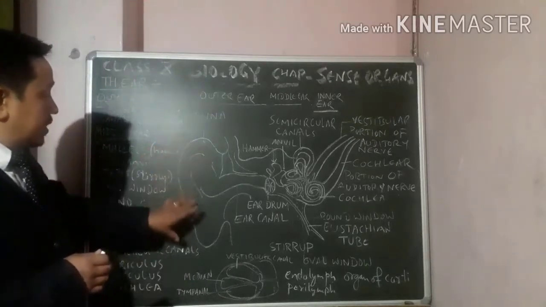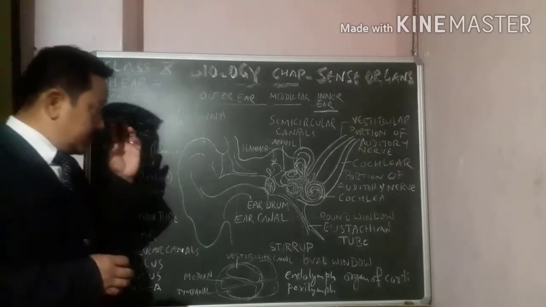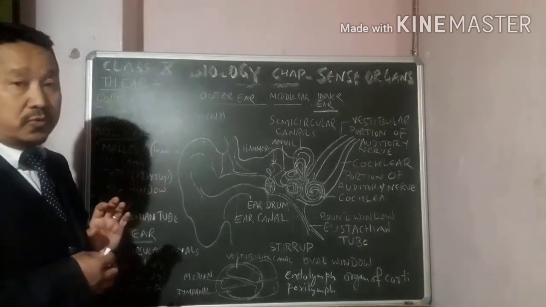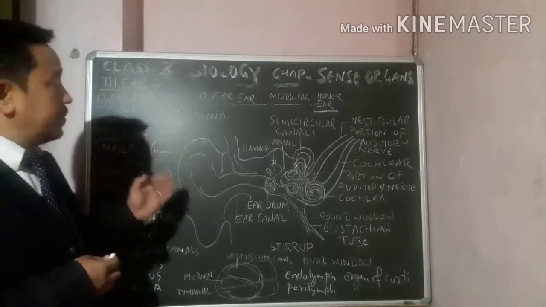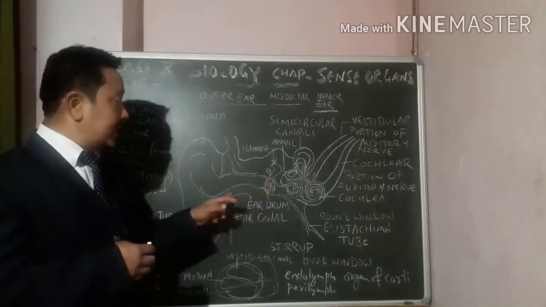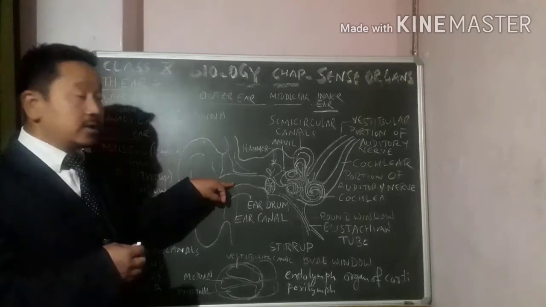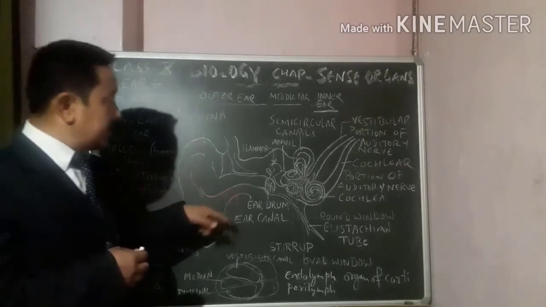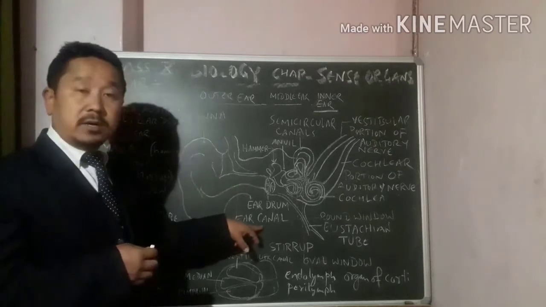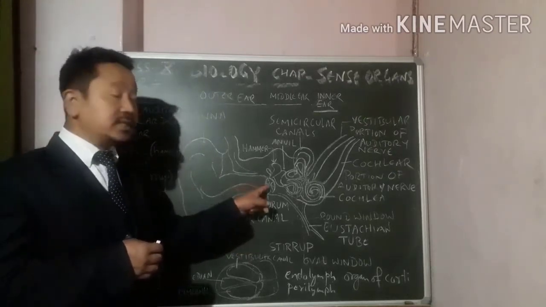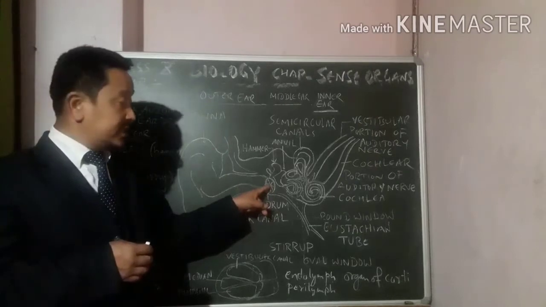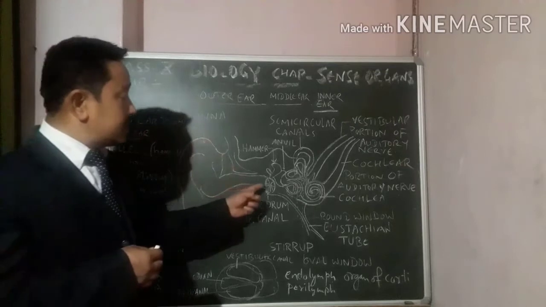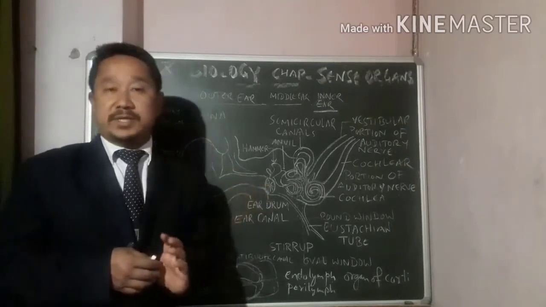This pinna receives these sound waves, and that wave will be allowed to go inside via this ear canal or auditory canal and strikes this tympanum or eardrum.